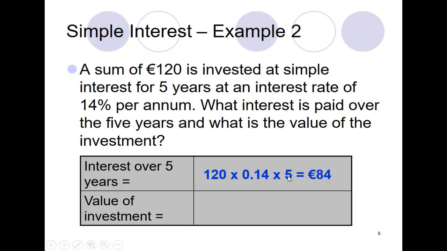You've got 5 years. That's why the 5 is here. So 120 multiplied by 0.14 multiplied by 5 on your calculator will give you 84. So this is the interest you've earned. The value of the investment is going to be the 120 plus the 84 and gives you 204 euros.